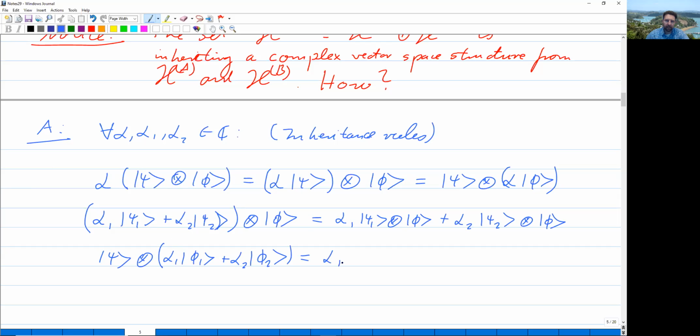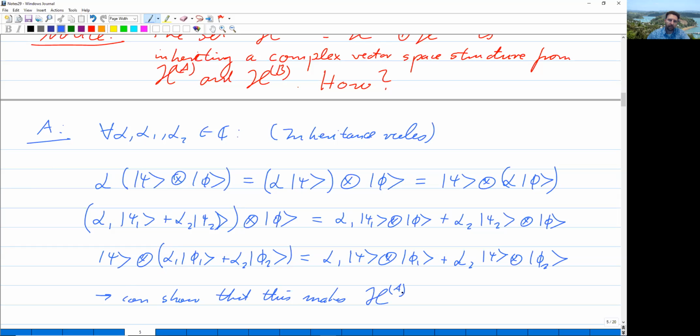This then is alpha 1 psi tensor phi 1 plus alpha 2 psi tensor phi 2, and we can show that this makes HA tensor HB a complex vector space.